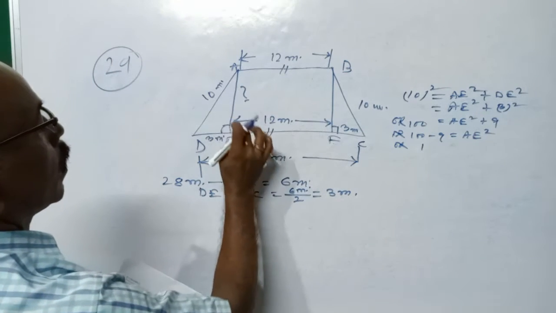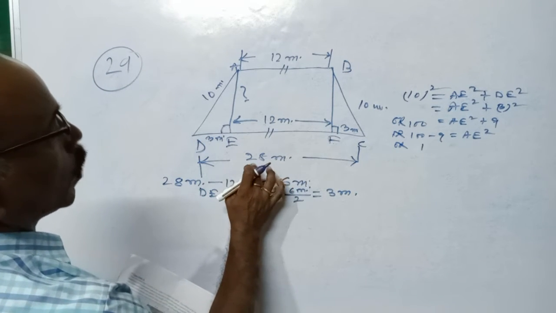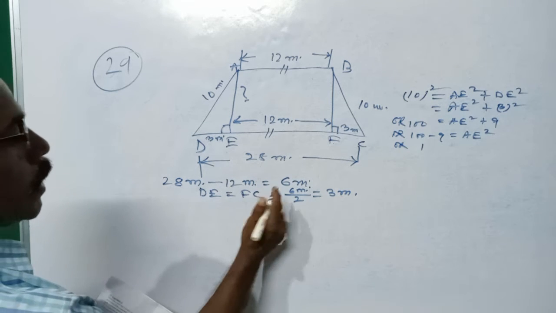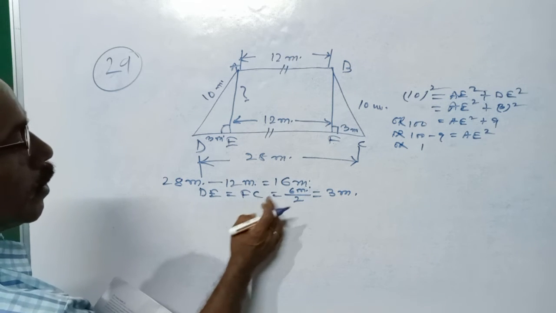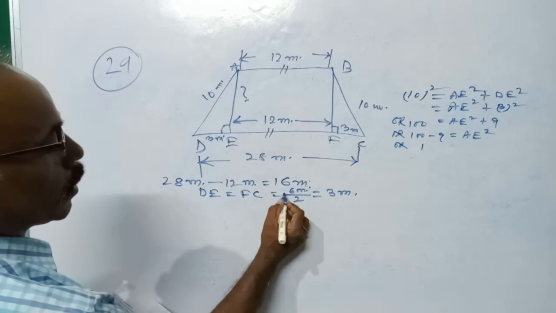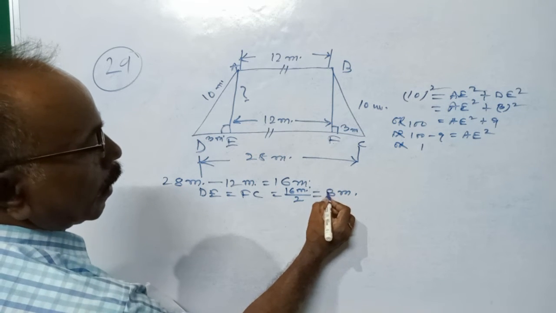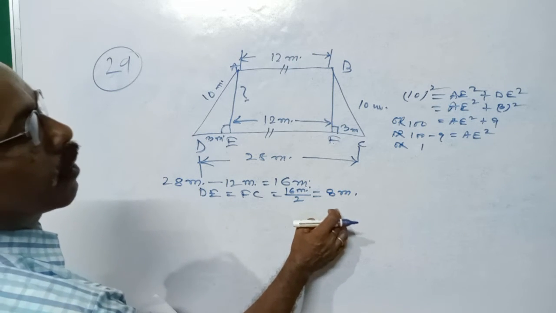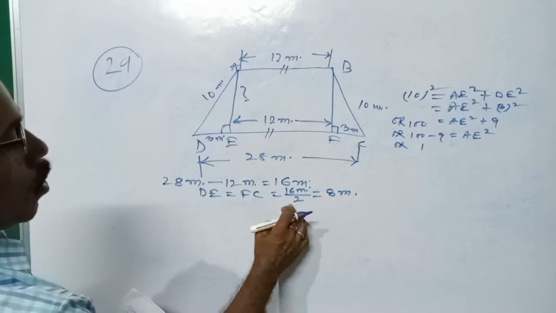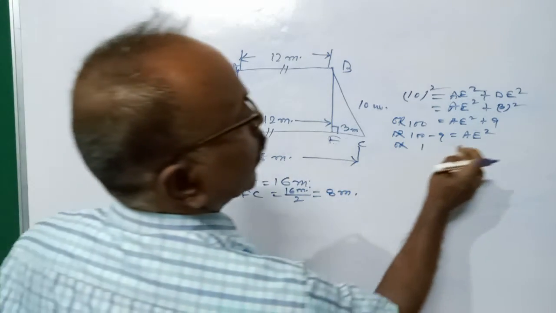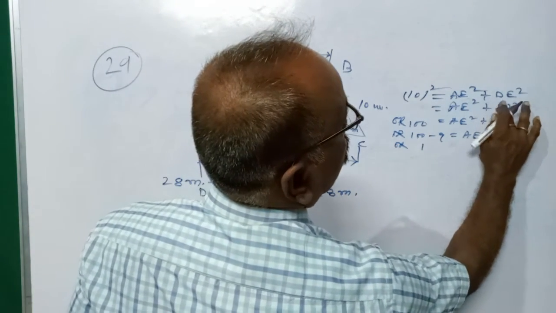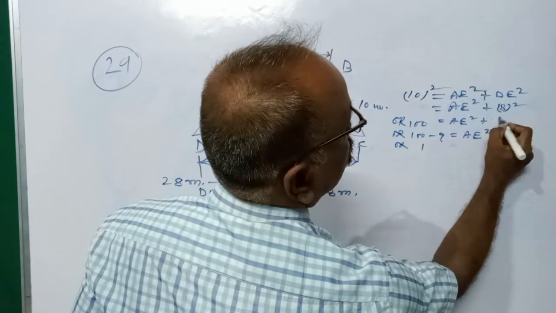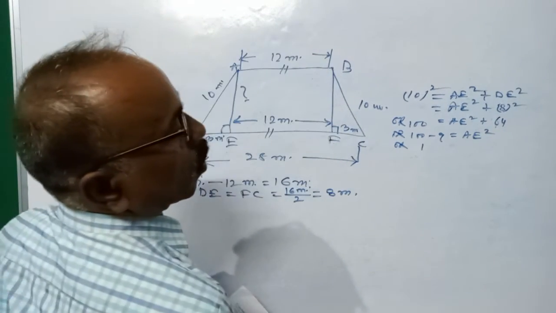Sorry, this is 10, this is 28 minus 12, 16. Sorry, mistake, 16, so this is 8 meter. Am I clear? This is 8. So DE means 8 square, this is 8 square, 64.